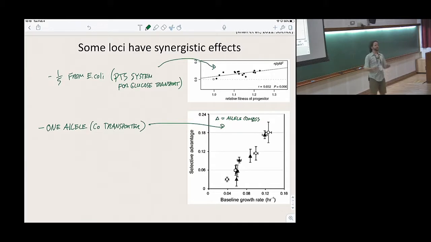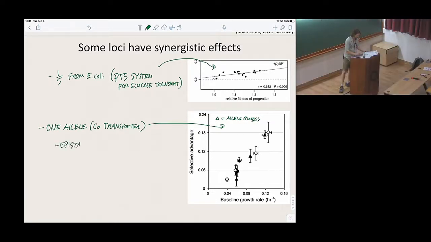these both represent epistasis, what I've shown so far, where we're looking at an interaction, and you could call it, quote, a G by G, the interaction of one genotype with another genotype.